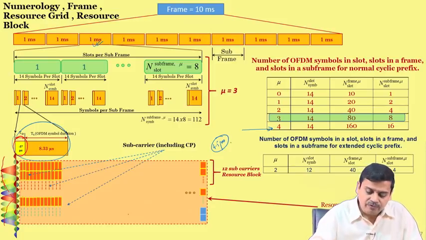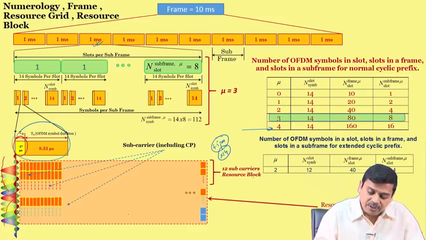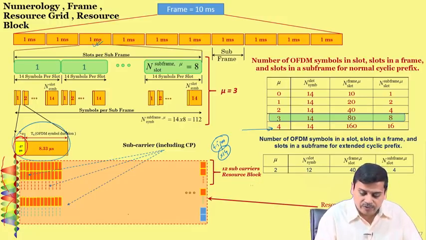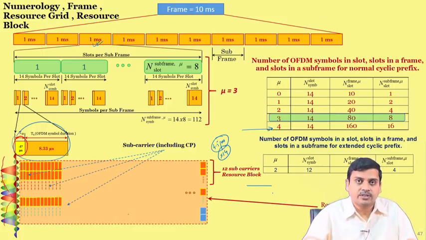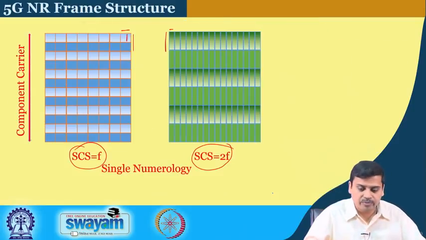So, if we take 14 OFDM symbols in one slot, then the number is not very high, right? It is within around 70 microseconds and so on. So, that means you have a huge amount of time. If this particular duration is within 100 microseconds, let us say, then one should be able to do a round trip transmission.